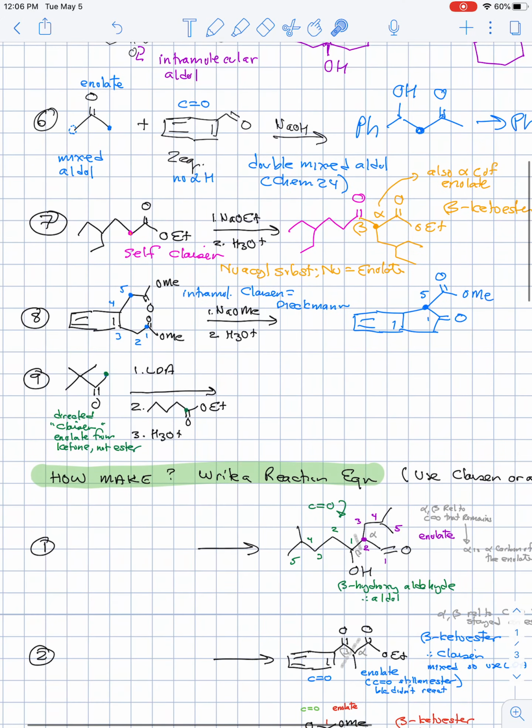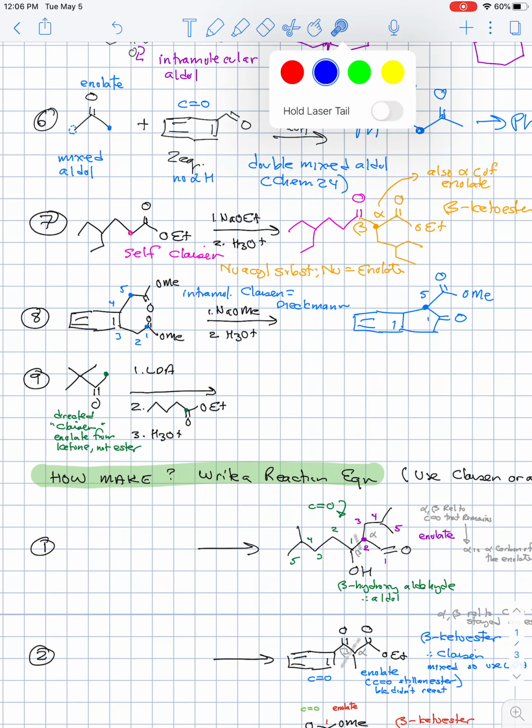And so here we have, finally, the last of these reaction examples, a sort of Claisen reaction and a sort of directed Claisen reaction. And I'm saying sort of because the source of the enolate here is a ketone, not an ester.